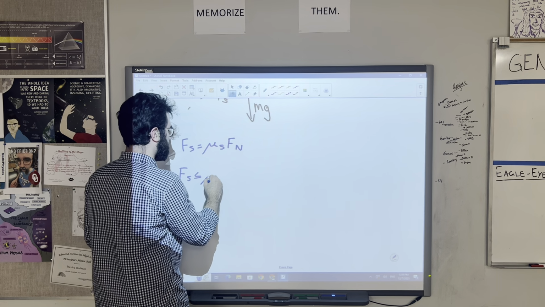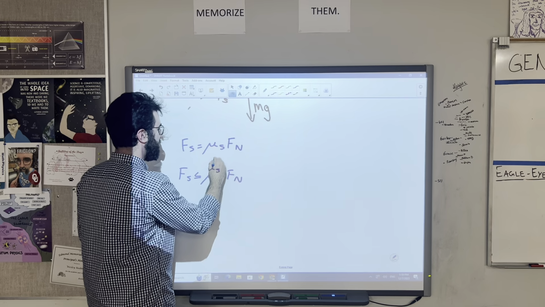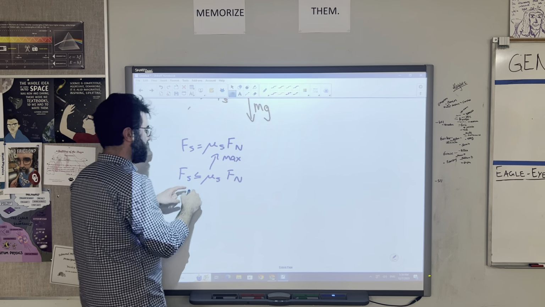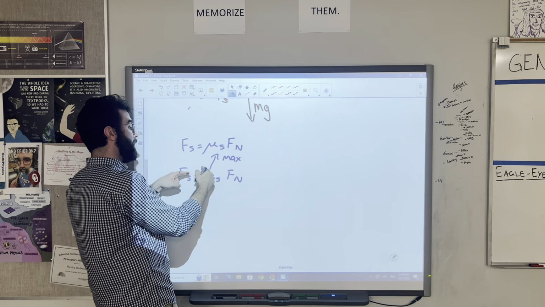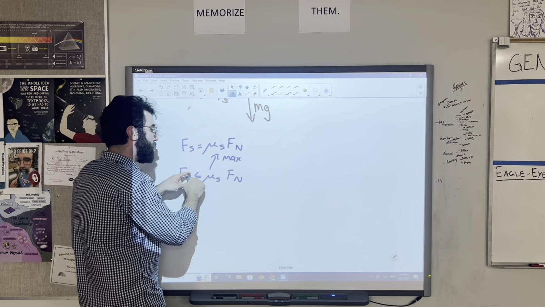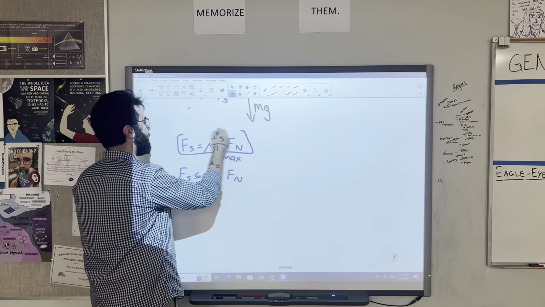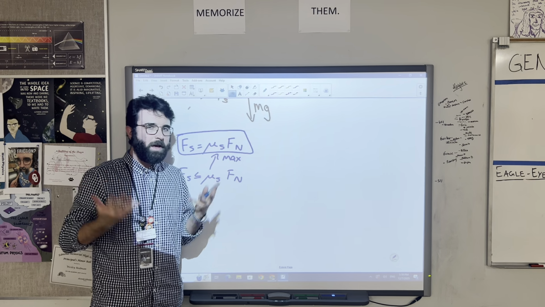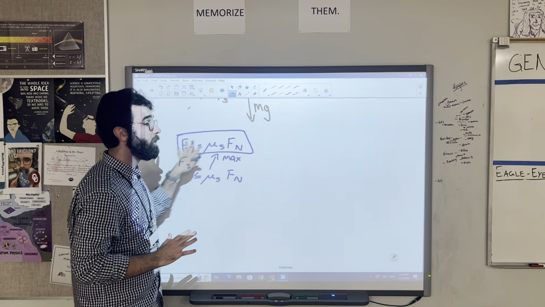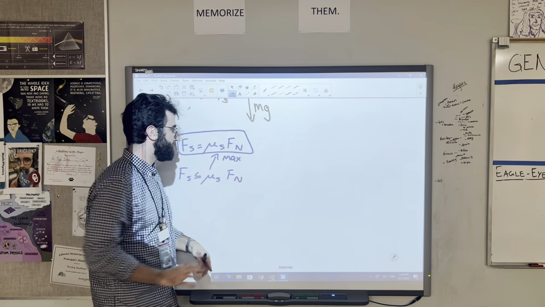Because when we have this, this is our maximum value, right? The force of static friction can be under this, or at its greatest value, it can be equal to this. So this is saying we're dealing with the maximum value of static friction. Now, we're basically working around this so that we can use this as an equal sign. Here's what we're saying.